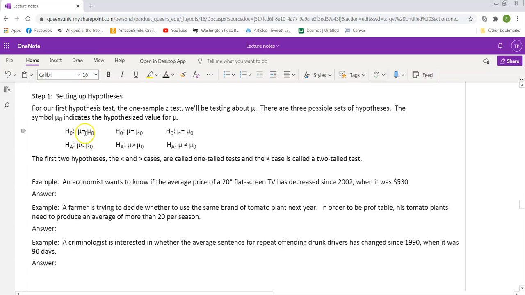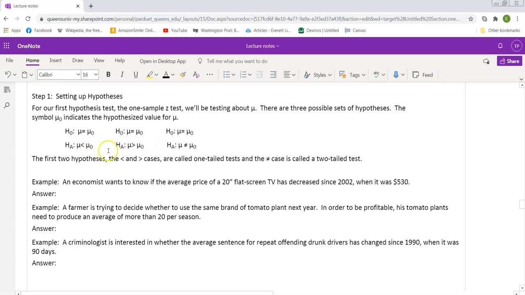So you may see it like that. But a lot of textbooks just go ahead and put equal to, for a reason that we'll see next time, but also we're never concluding the null hypothesis anyway. So for now, let's just think of it as we're not concluding the null hypothesis anyway, so it doesn't really matter.